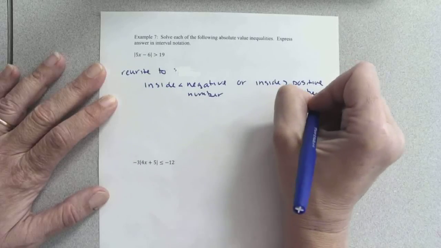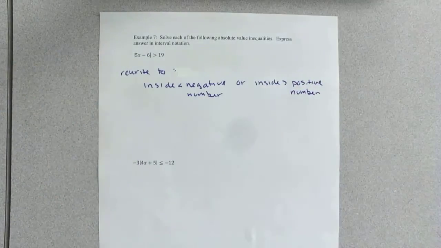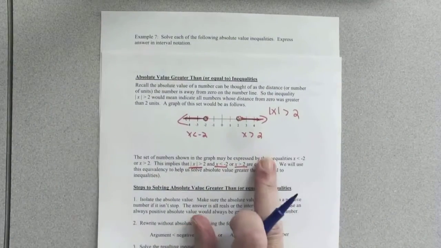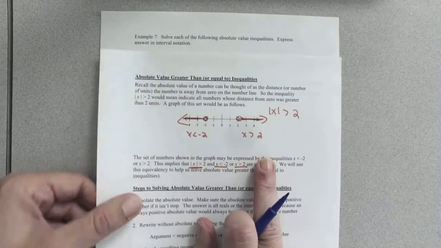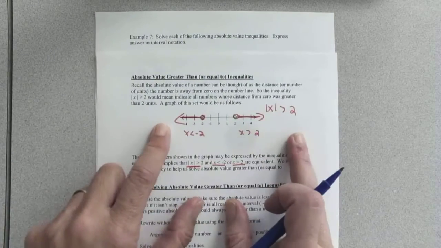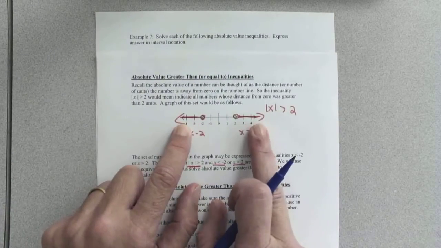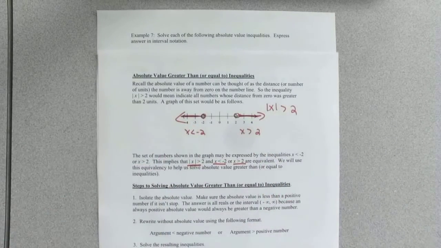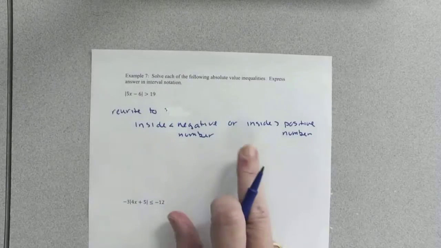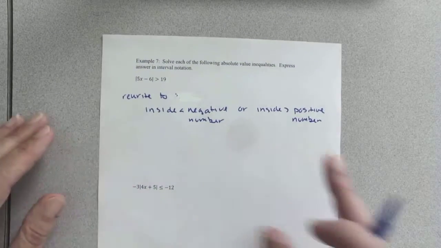And somehow you just have to remember it. How I remember it is I think of the picture. If I want to be greater than something on the number line, I have to go away from 0. I have to go out. And so that gives me those 2 inequalities.